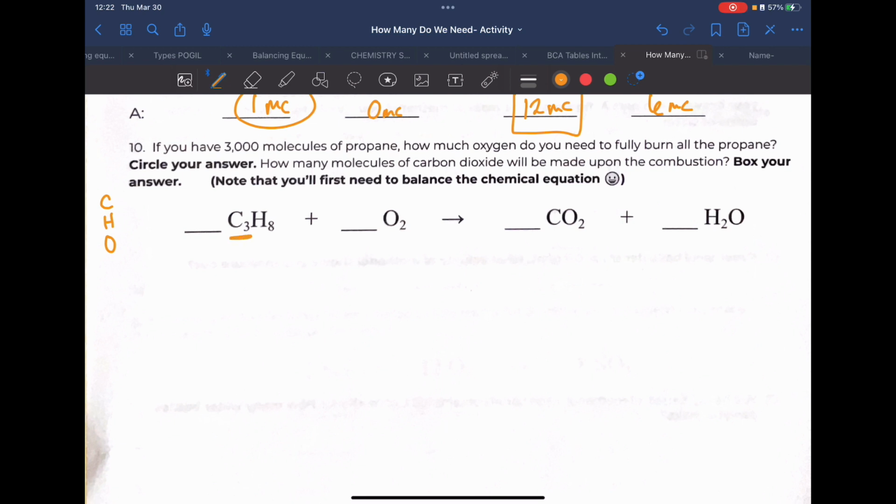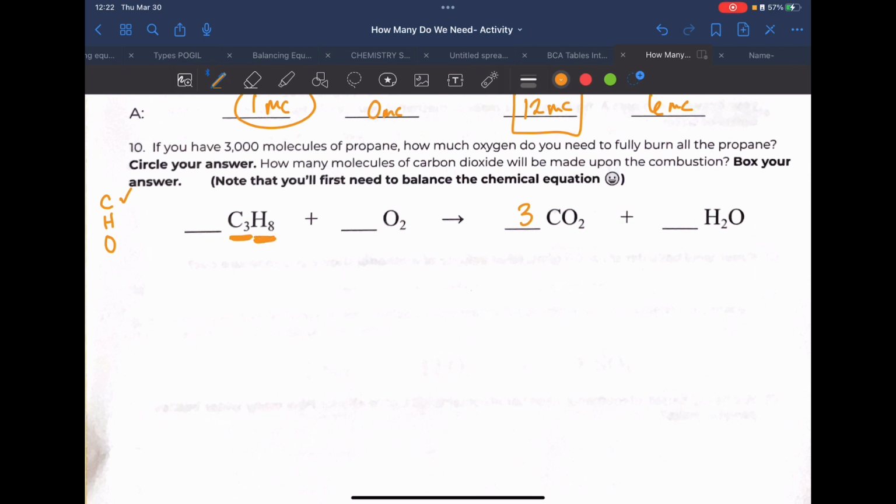I notice that I have 3 carbon atoms over here in 1 propane molecule, but I know that all of these carbon atoms are going to end up as parts of carbon dioxide molecules, because that's the only place that C is on the right side of my equation. So I know then that I need to make 3 carbon dioxide molecules, at least. Now my C's are balanced, so I'm going to do my H's now. Same thing over here.